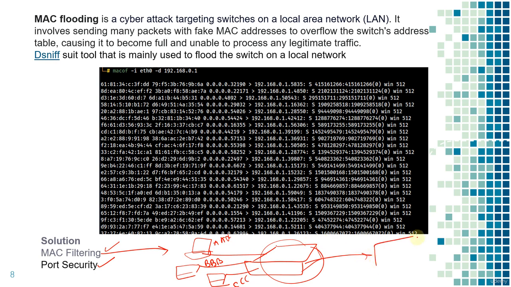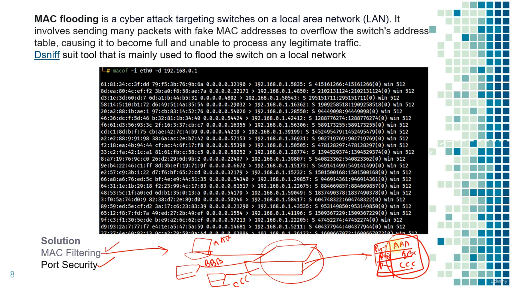I will tell the switch that if the request comes from port 1, it will be from AAA only; from port 2, BBB; and CCC from port number 3. We have hard coded these MAC addresses inside this CAM table.